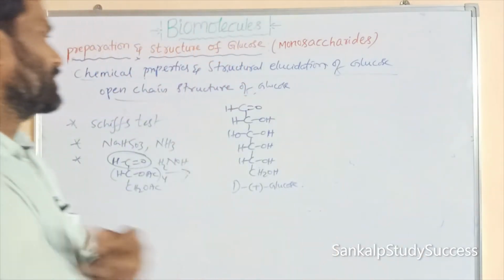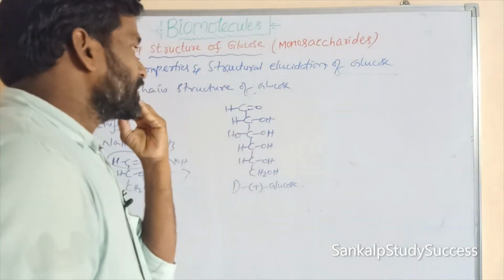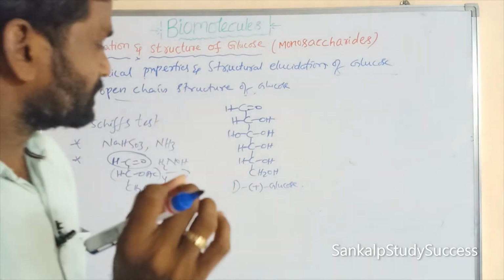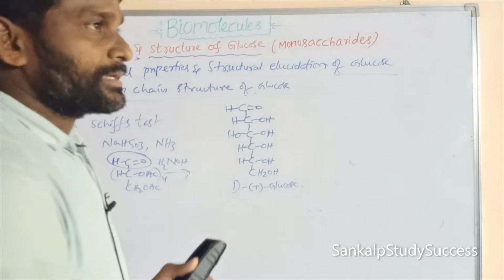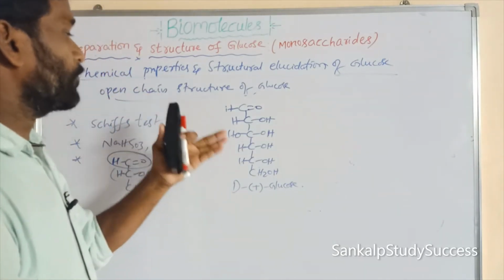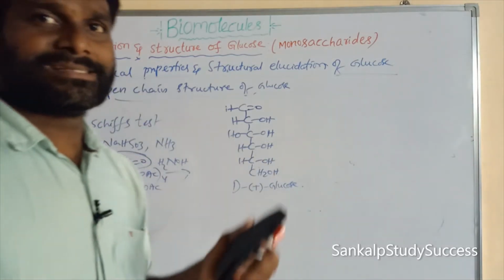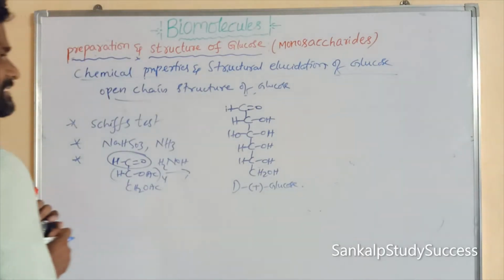So glucose must have two crystalline forms, but the open chain structure gives only one form. The two crystalline forms of glucose can be explained by cyclic structures. Now we can write cyclic structures.